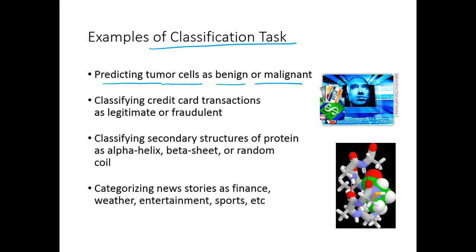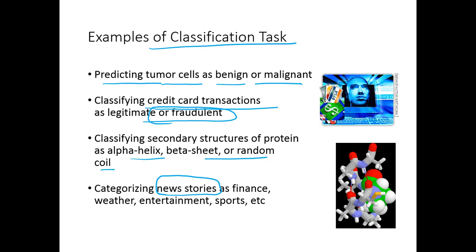You use classification algorithms on credit transactions to find the legitimacy of a transaction, whether it's a fraudulent transaction or a normal one. You use that to classify the secondary structure of protein into different types, so that's used in biological research or research in medical sciences. You use that to categorize news stories.